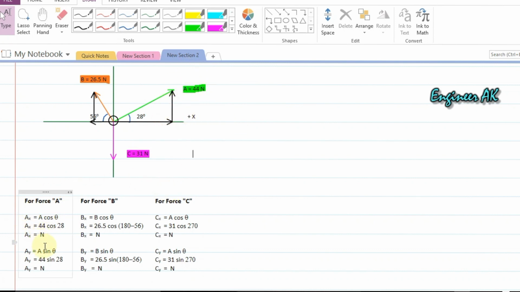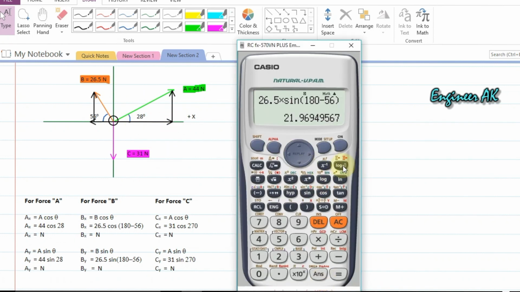Plugging in the values, we know that for the x-axis we have a cos theta, so ax is equal to 44 cos 28 degrees, because it has a magnitude of 44 and makes an angle of 28 degrees. Plugging in 44 cos 28, it gives me 38.84, or rounded to two decimal places, 38.85.